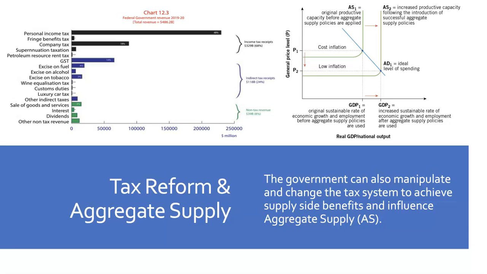We know personal income tax is the biggest source of revenue, the next often being company tax, and then other ways such as GST and a few others bring billions of dollars into the government's coffers, which they can then spend. So how can a government manipulate and change this to incentivize an economy to increase aggregate supply?